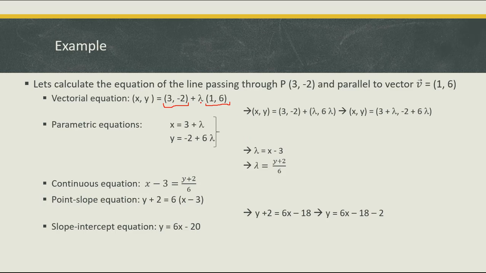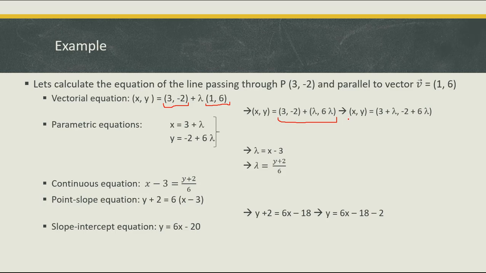How? I multiply this lambda into the vector, and I have (x, y) equals (3, -2) plus (lambda, 6 lambda). And I now have to add these two vectors, and I arrive at (x, y) equals (3 plus lambda, -2 plus 6 lambda).